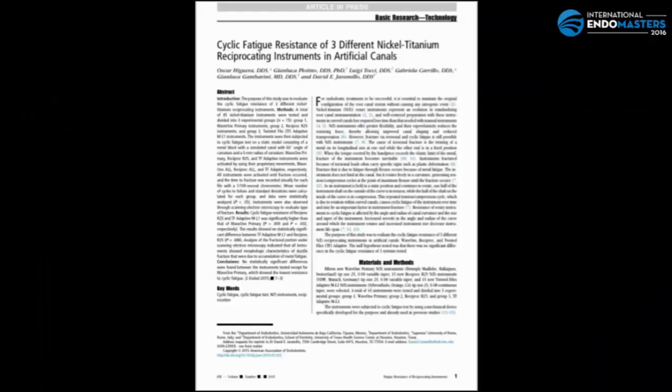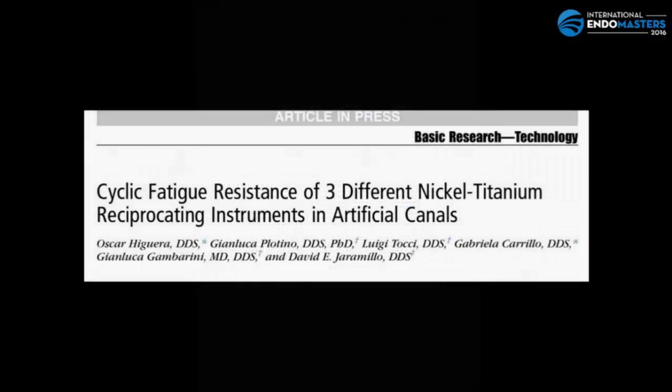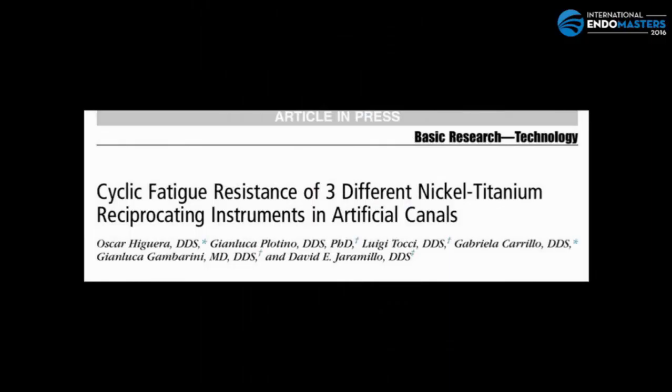We are going to talk in this moment about this paper called the cyclic fatigue resistance of 3 different nickel-titanium reciprocating instruments in artificial canals. I want to say thank you to Oscar for sharing with me the pictures. Thank you, David Jaramillo. And thank you, Gianluca Plotino, for sharing this article with me.